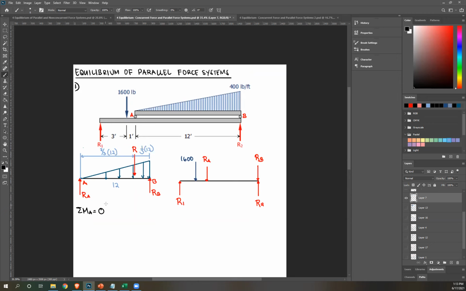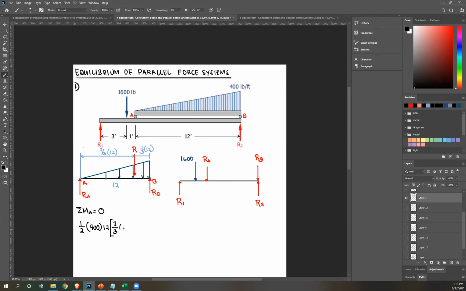That is clockwise, so positive R, and R is just the area of your load, so that's a triangle, so 1/2 weight, which is 400, times its base, which is 12. Make sure units are uniform, so feet is the same. So 400 times 12. And then next, multiply by distance, so 2/3 of 12, right? Distance from your moment center.